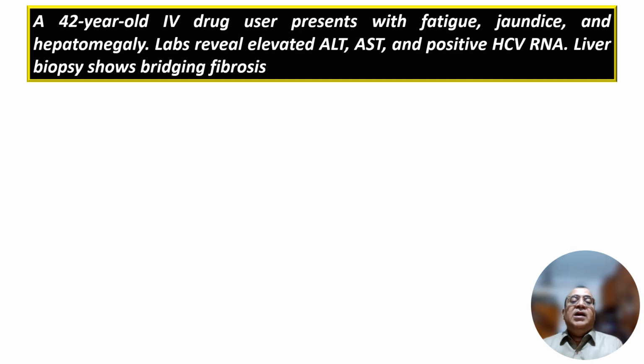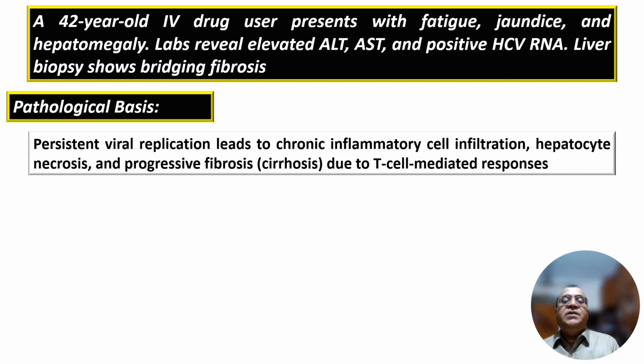Then a 42-year-old intravenous drug abuser presents with fatigue, jaundice and hepatomegaly. Lab tests reveal elevated ALT, AST and positive HCV RNA. Liver biopsy showed bridging fibrosis.